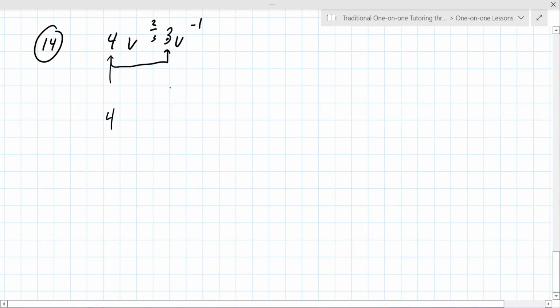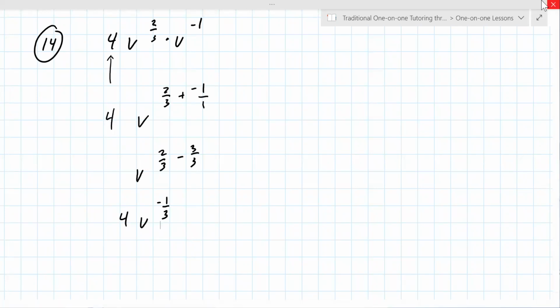But there's not, so we don't have to worry about that. Now you're just adding the exponents. Sometimes you're adding a negative number, right? That's okay. It just becomes 2/3 minus 3/3. So it becomes 4v to the -1/3.